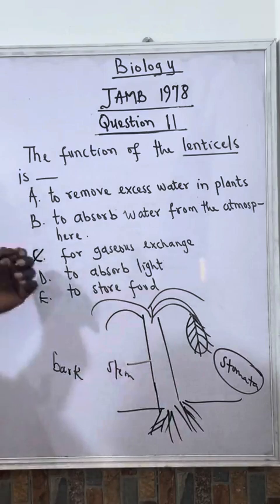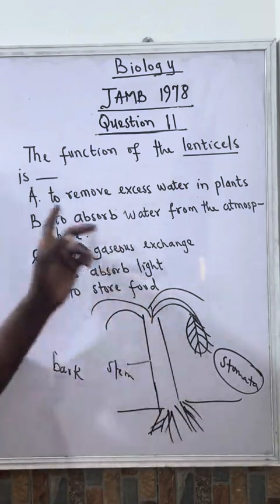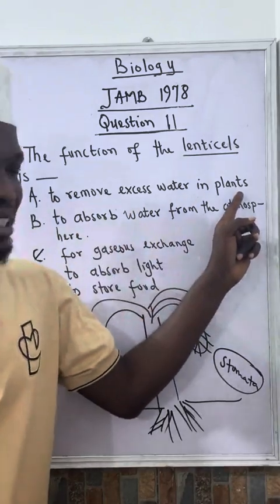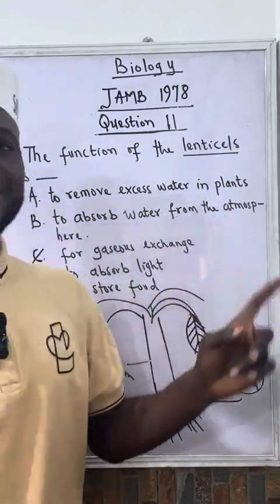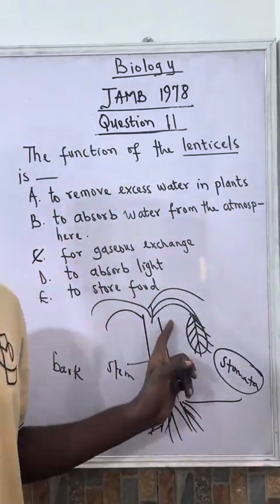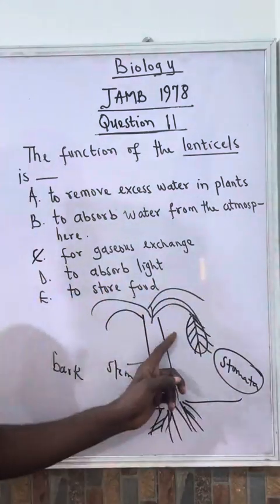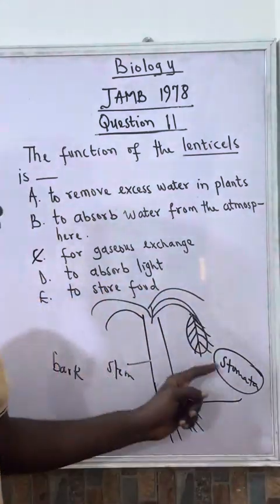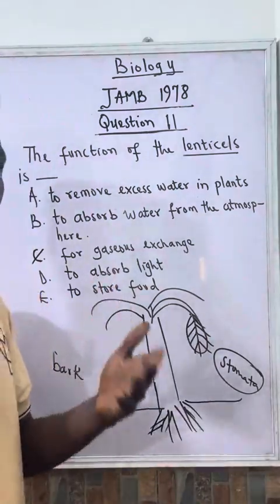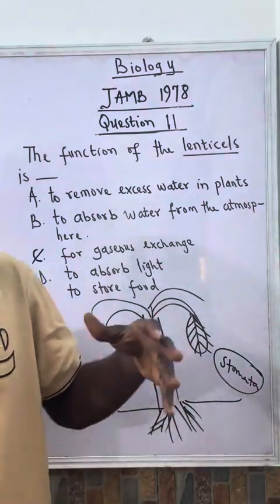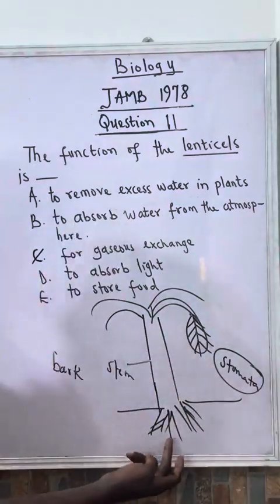So for example, now let's consider other options, the reason why they are wrong. This one says to remove excess water in plants. Now, to remove excess water in plants, that one is also done by the leaf. If you want to remove water from plants, it's done by the leaf. So through the stomata, water can leave. So water is coming from the roots.